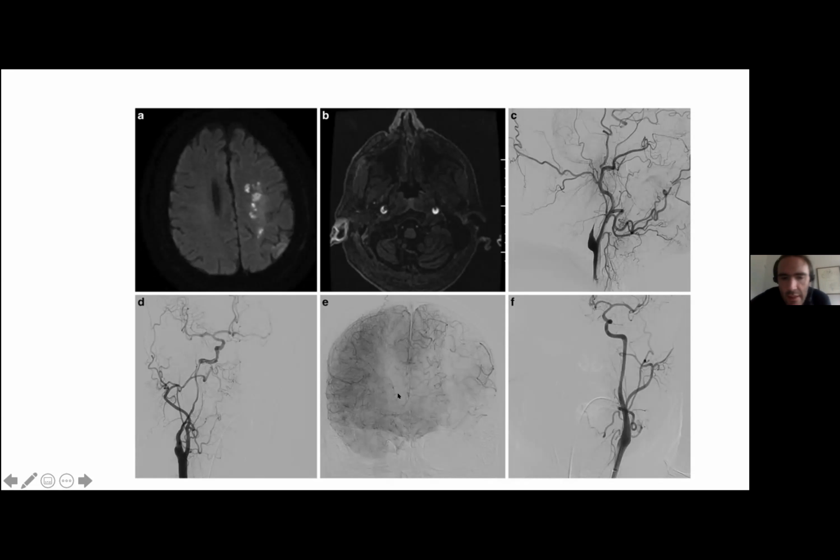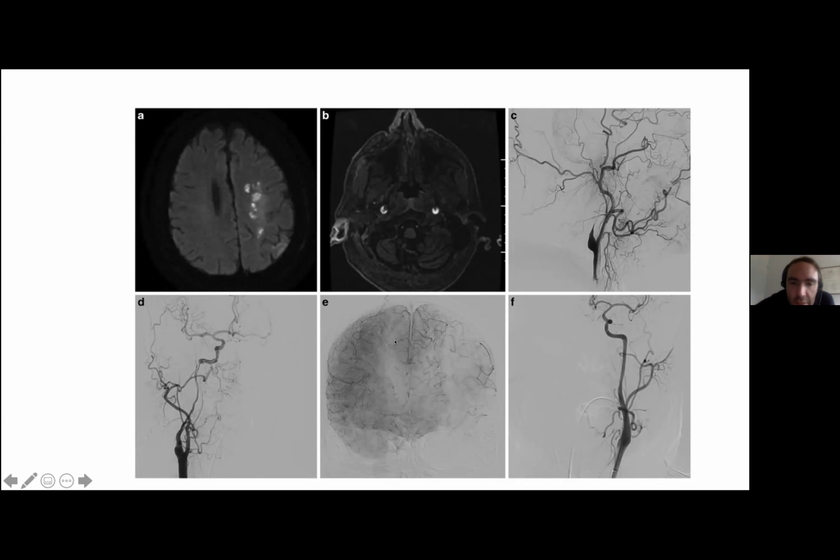This is an interesting angiogram. This is a capillary phase angiogram, and when you do a capillary phase angiogram, you get the capillary blush, and then this hemisphere is supplied by his right carotid, and then you can see here that this is the watershed territory.